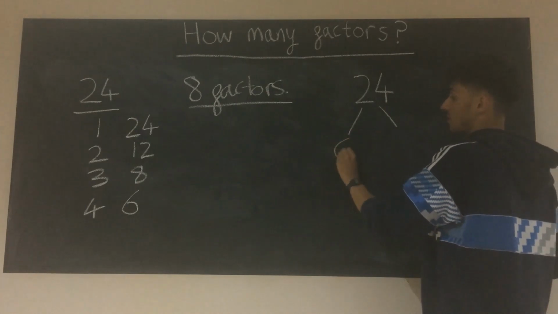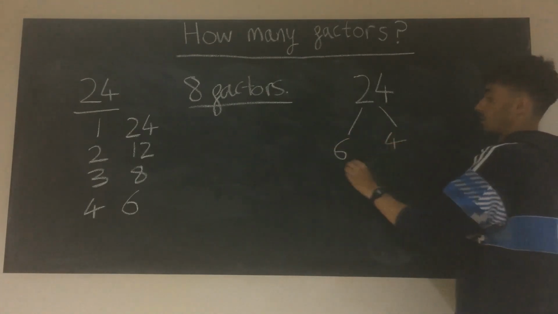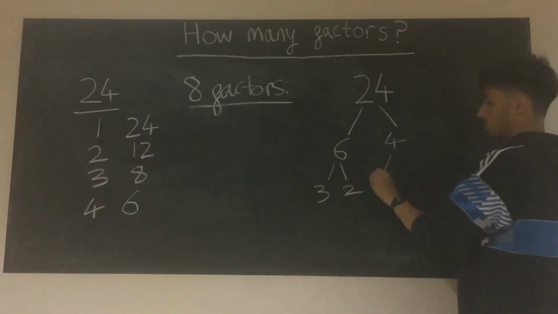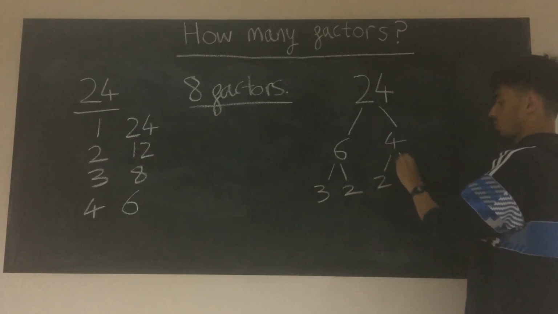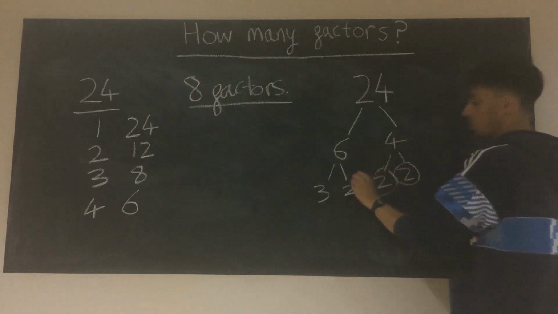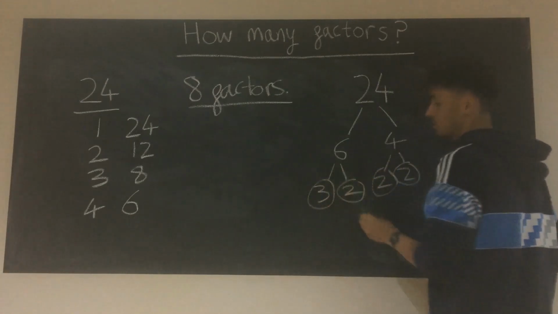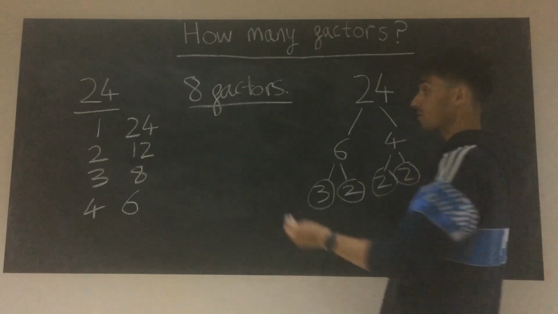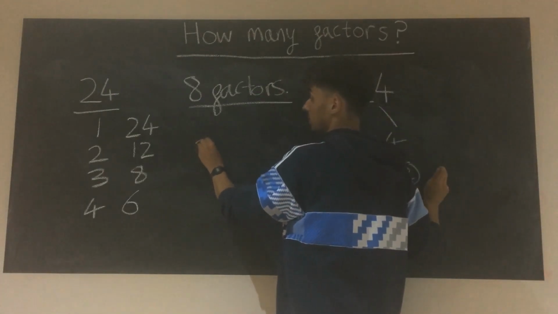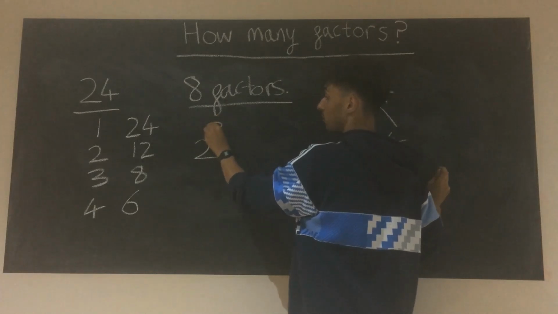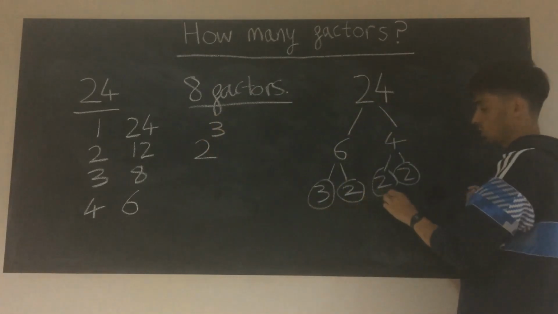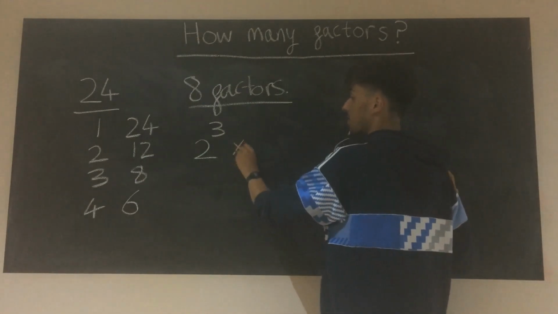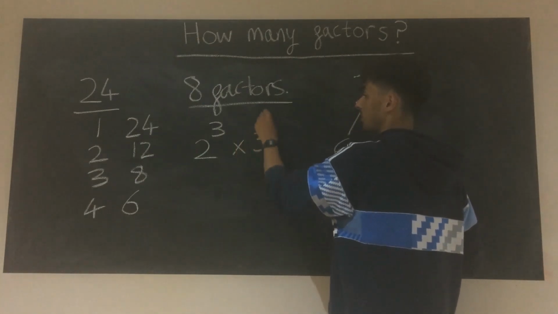It could go into 6 and 4. 6 can break down into 3 and 2, and 4 can break down into 2 and 2. I'm going to circle all of the prime factors. And what this gives us at the end is that 24 can be written as 2 to the power of 3, because there's 1, 2, 3 powers of 2, multiplied by 3 to the power of 1.